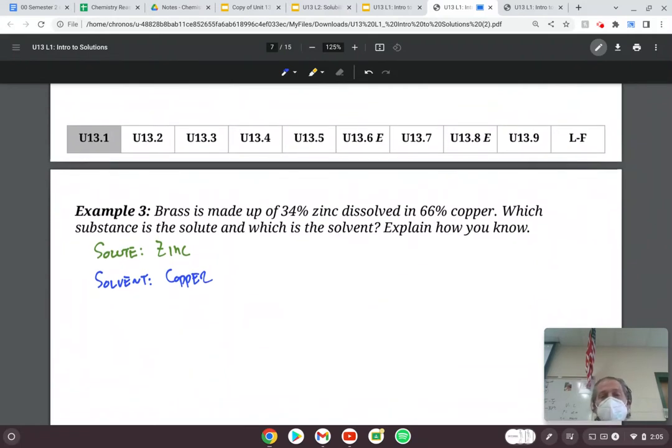Is there anybody who can tell me how I knew that? There's more zinc than copper. Oh, wait, no, there's less. Yep, just reverse it. You were right.